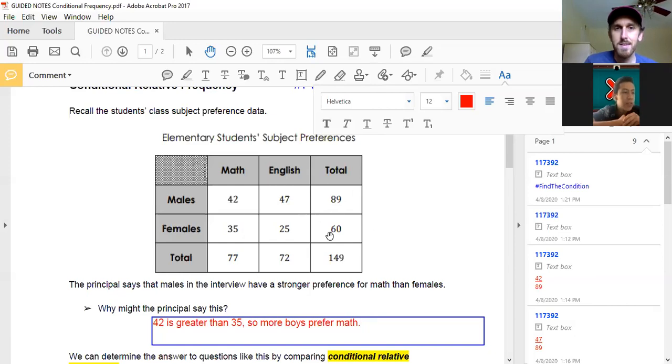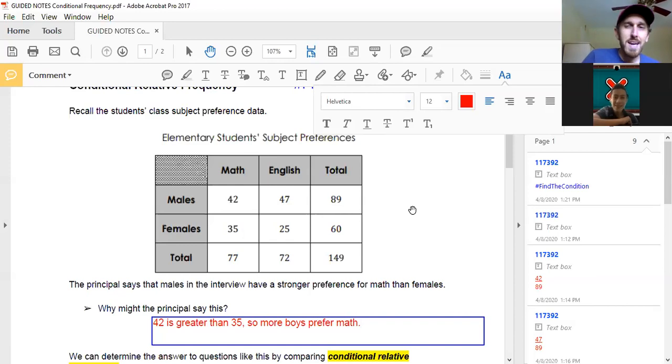That there are more boys than females. Right, so what does that make you think? Since more boys are answering the survey, there's a higher chance that more boys are answering in any subject. Exactly, it's like all the data is stacked in boys' favor because we asked more boys than we did girls.